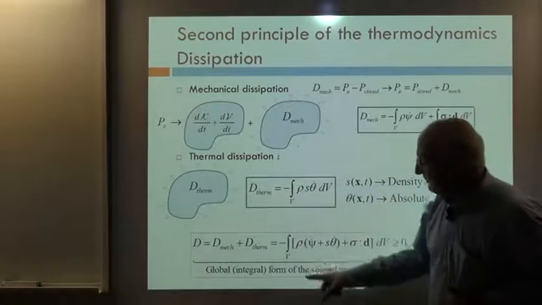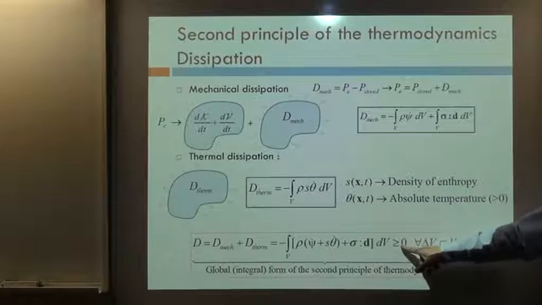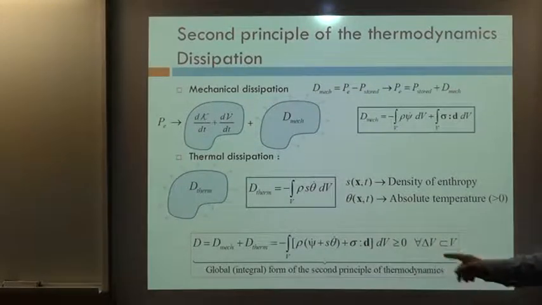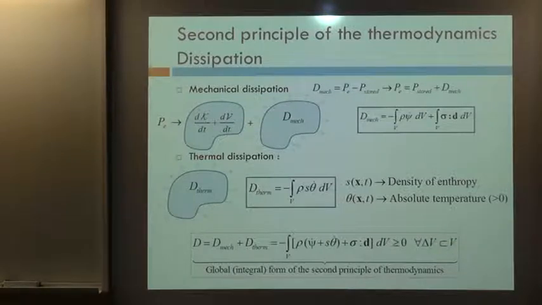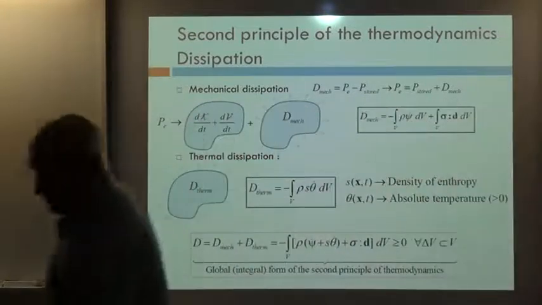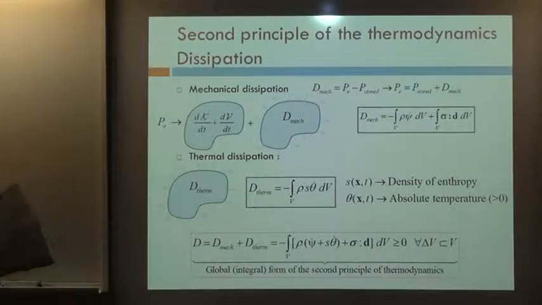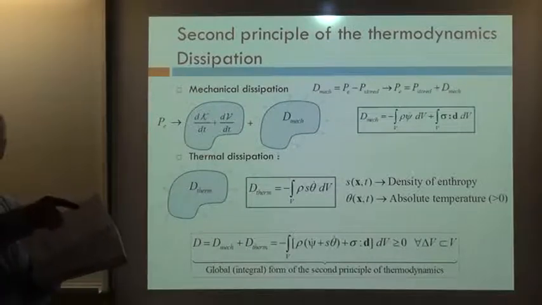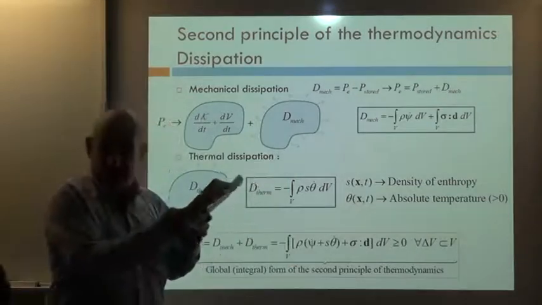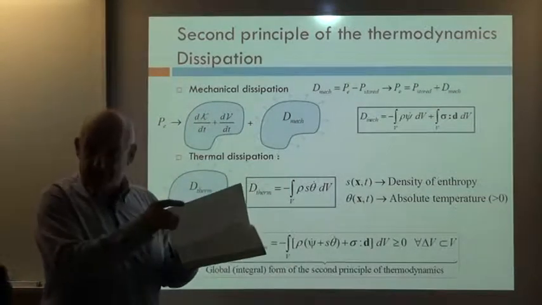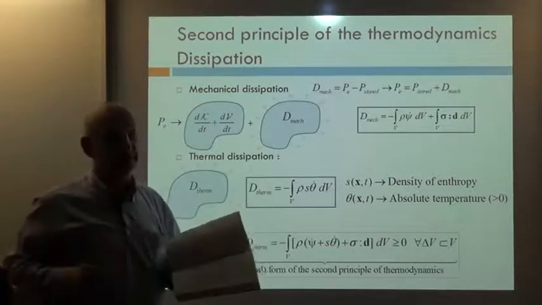In a volume of a continuum medium, the dissipation expressed in that way is greater than zero. And there is something here that is important too. That means in all parts of the body. If I consider the book as a continuum medium, every page of this book is a continuum medium too. So this stands for the full book, but for every page considered as an independent continuum medium, and for every particle of this page.